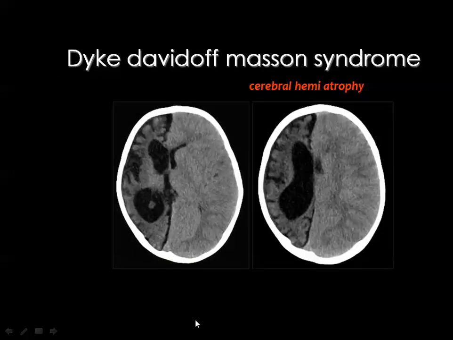And the result of an infarcted brain tissue is the loss of volume and atrophic changes. Whenever the infarction affects the whole cerebral hemisphere, there may be changes similar to this, which is known as cerebral hemiatrophy.